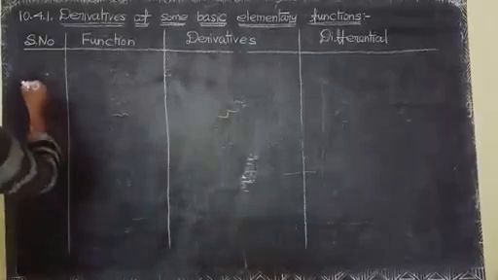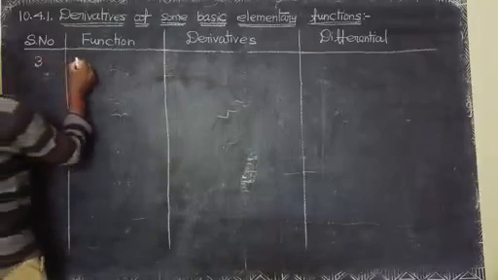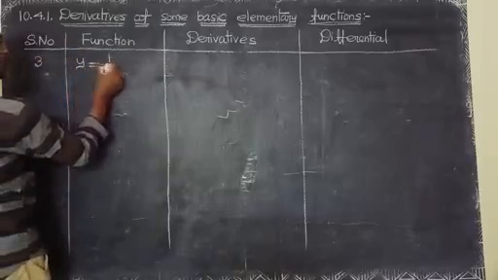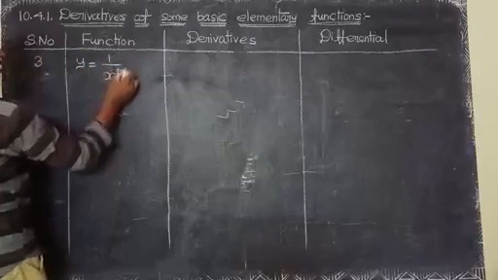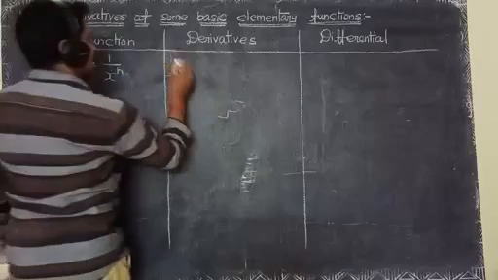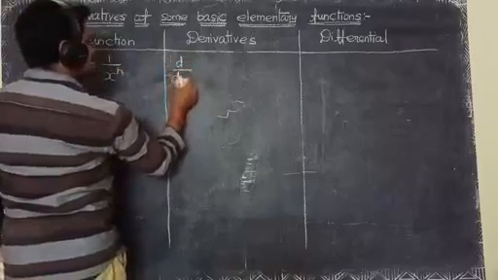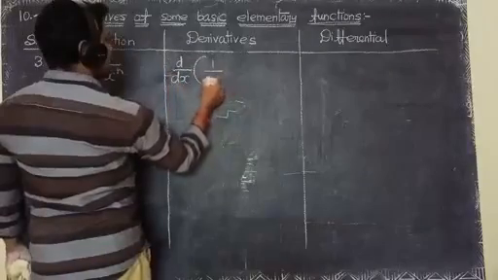Next, serial number 3, function y equal to 1 divided by x power n. d by dx of 1 divided by x power n.